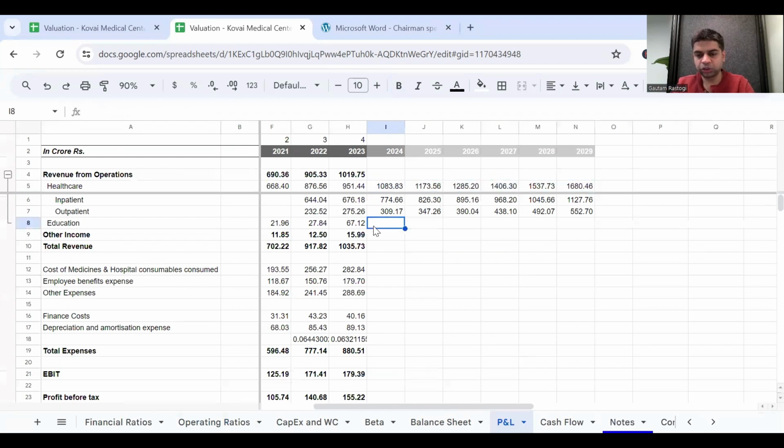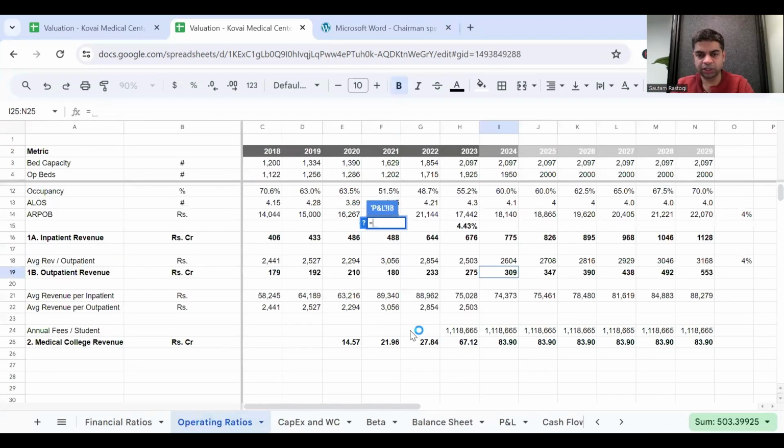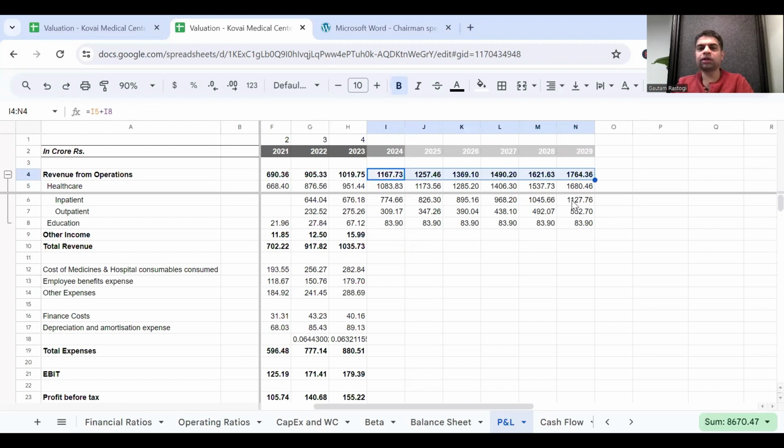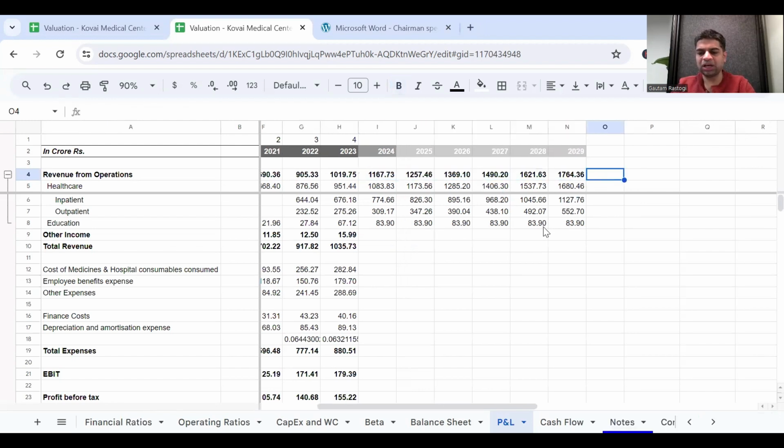Education. We also estimated the revenue from education, medical college. So let's drag it as well. So the revenue from operations is the healthcare revenue plus the education revenue. That's what it is. If you just compute the growth rate, let me see what's the growth rate.